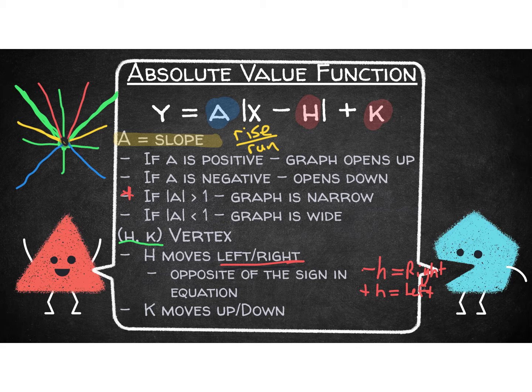And the k is going to move up, down. So if it's plus k, we're going to go up. And if it's minus k, we're going to go down. And that's what we're going to have to be able to do here: take our V shape and move it around.